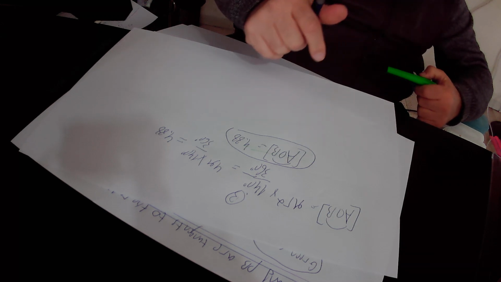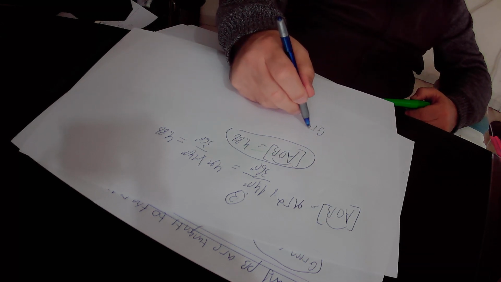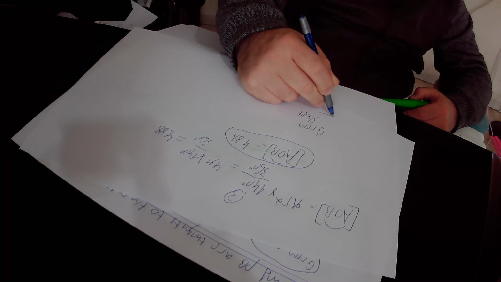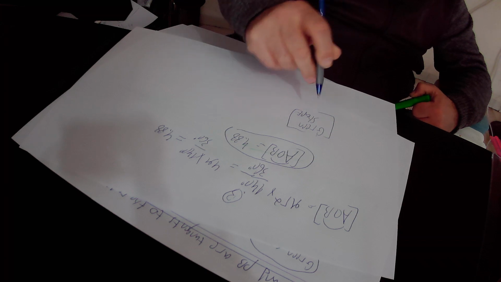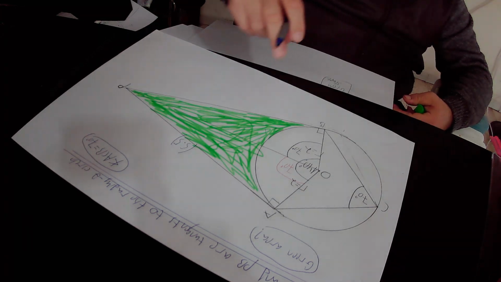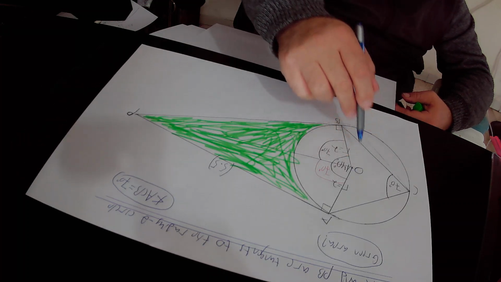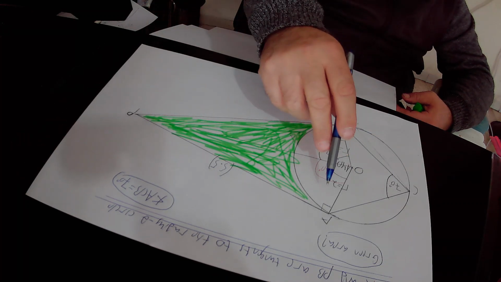So the area of the green shape is equal to the sum of the areas of those two right triangles. That's actually the area of quadrilateral AOBP.